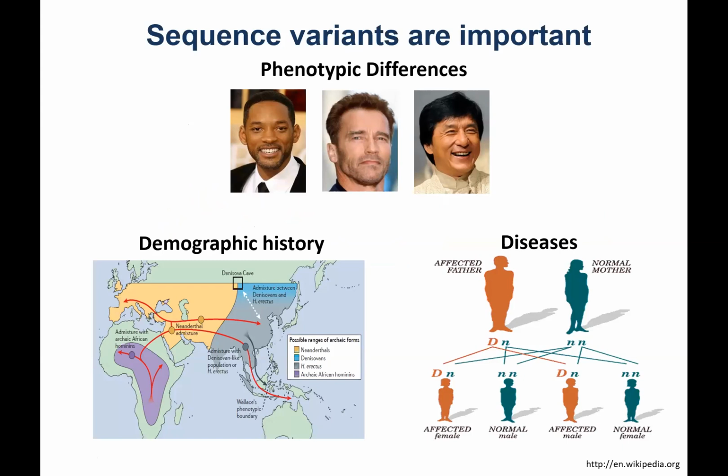For example, we can know how our ancestors moved out of Africa and then moved to other parts of the world. And also, very importantly, when we sequence patients, we can learn which sequence variants may determine the disease.